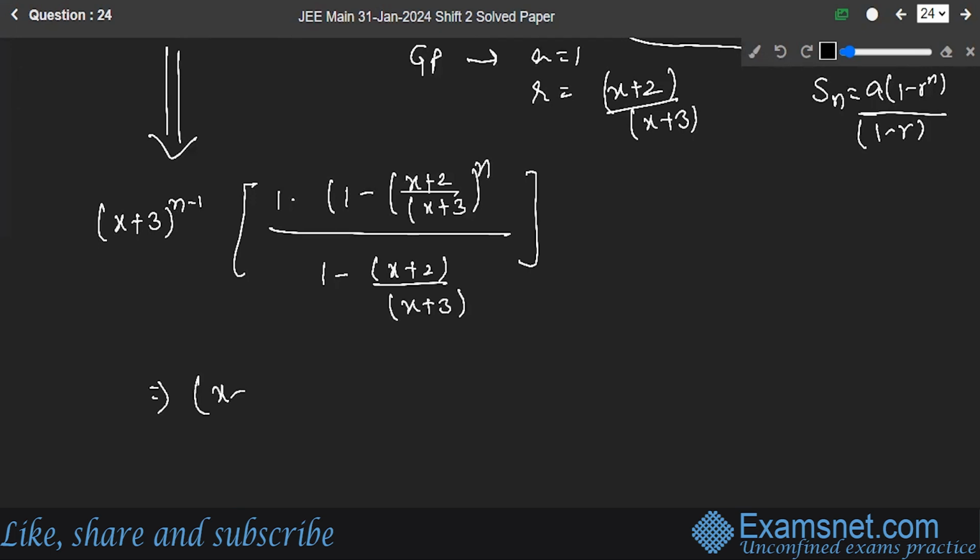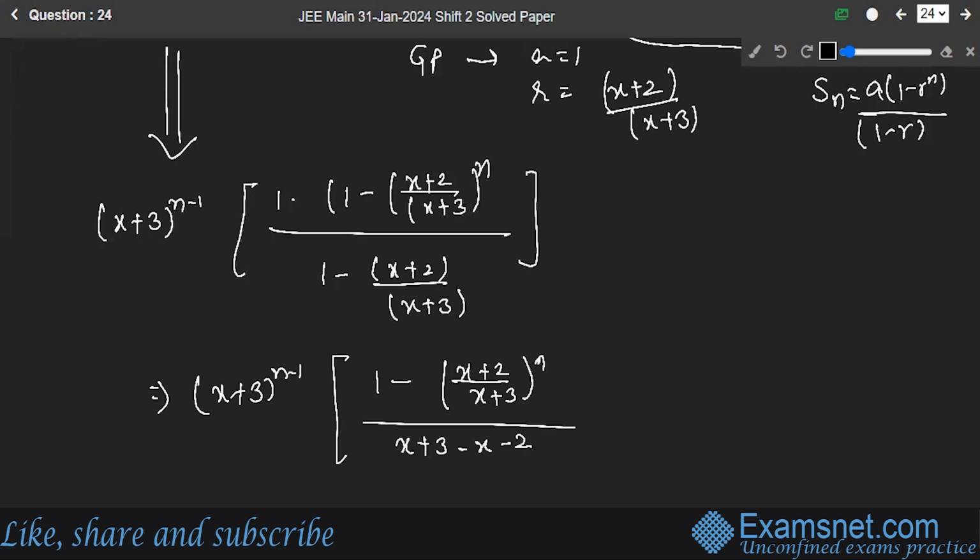This is equal to (x+3)^(n-1) times [1 - ((x+2)/(x+3))^n], and the denominator will have (x+3 - x - 2)/(x+3).